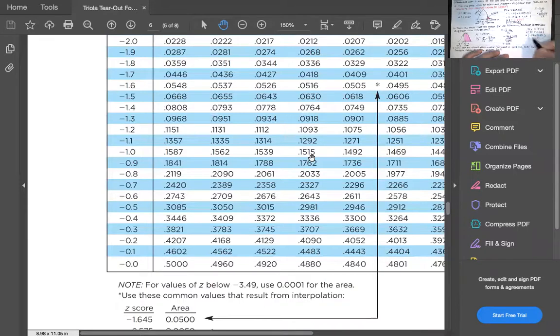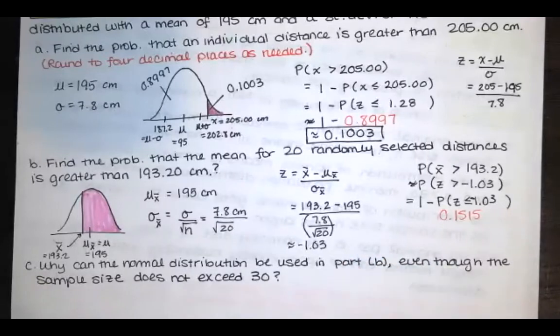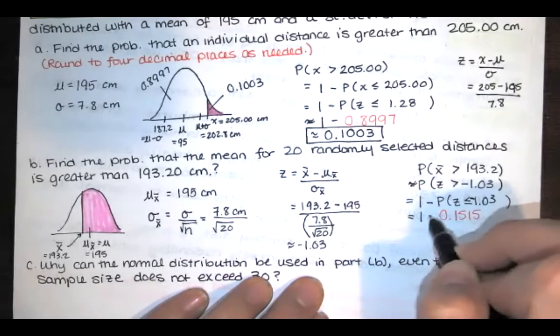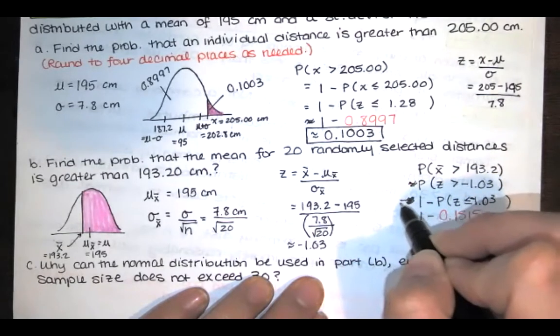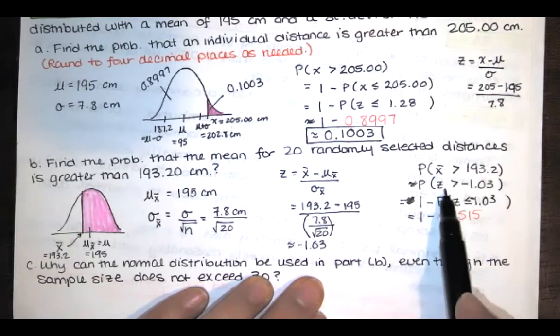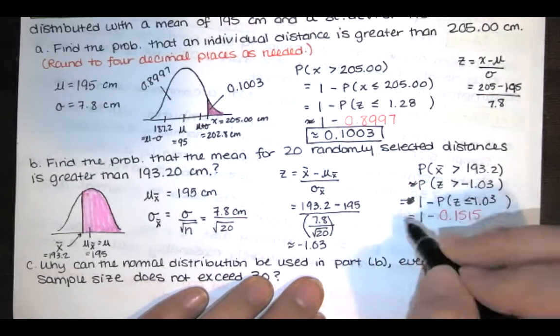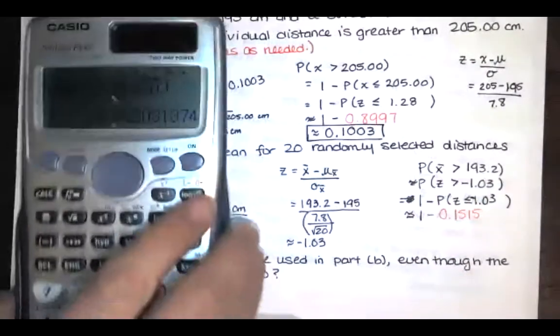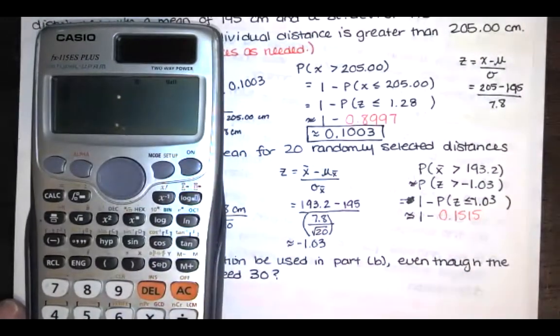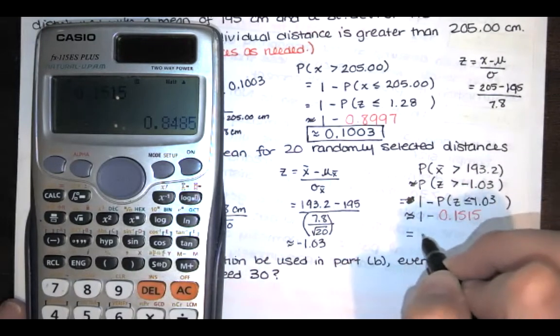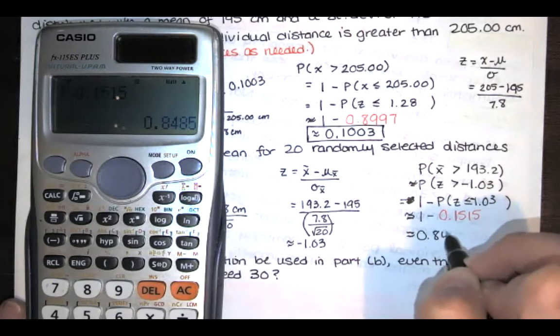And we actually want the area to the right, so we'll take 1 minus that answer for our answer over here. Now this is an approximation. Well, actually, these guys are equal to each other. This is an approximation of this because this Z-score was rounded. These guys are equal, but then this is an approximation as well. So let's see what we get as that area to the right, 1 minus 0.1515, and we get approximately 0.8485.